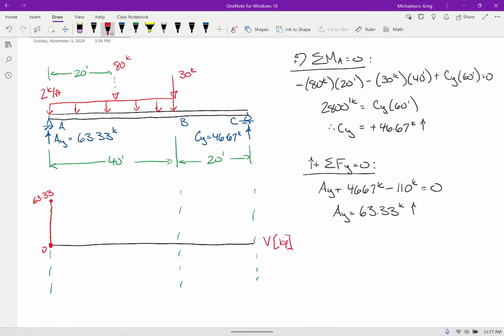But is it like that? No. We ignore this because that was just a construct to make this part easier. So we're at 63.33, we jump down 80. What does that put us at? Negative 16.67.